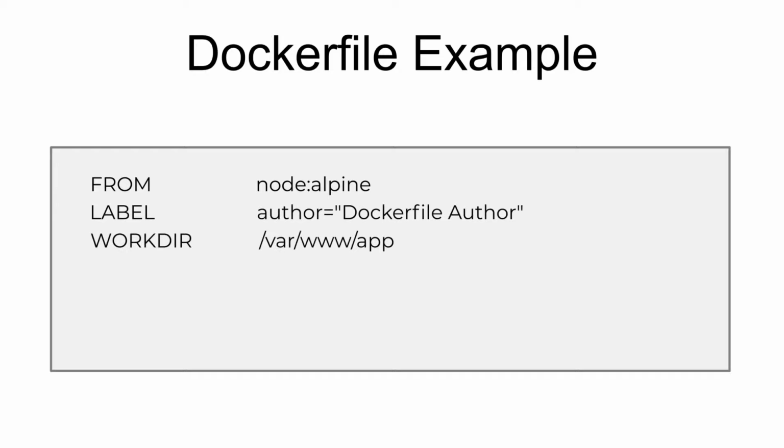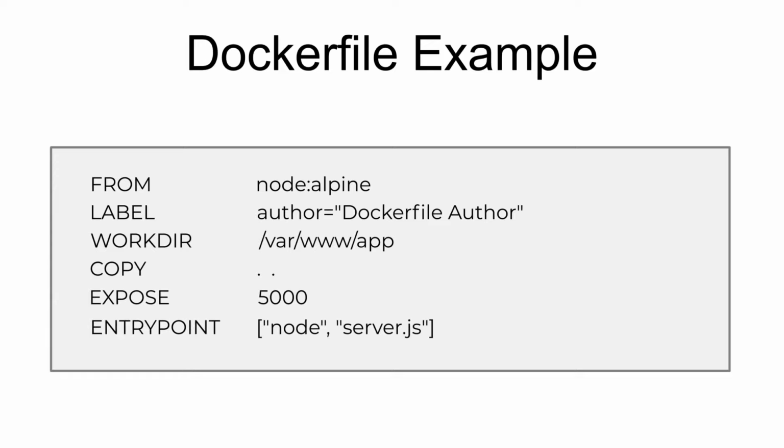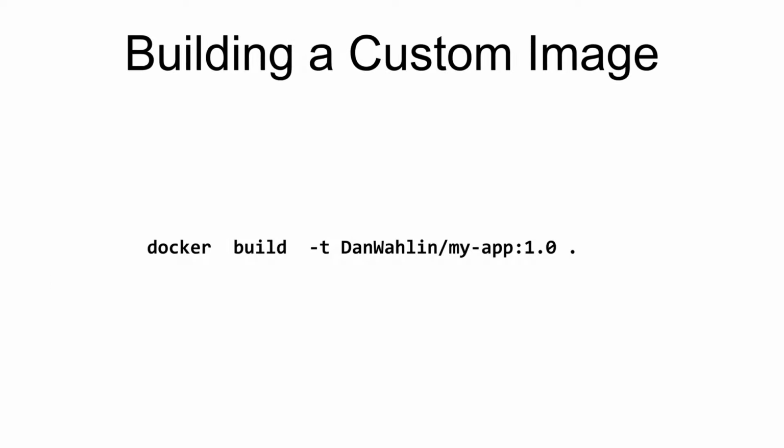Let's add a label, set a working directory, copy my project code into that working directory in the image, expose port 5000, and then when this container runs, I would like the entry point, which is kind of your main entry point, if you will, to be a command, which is node followed by the name of the server file that I want to start up. Now, likewise, if we wanted to do this with Java, ASP.NET Core, and on and on and on, we could.